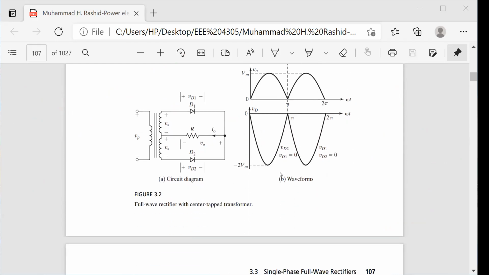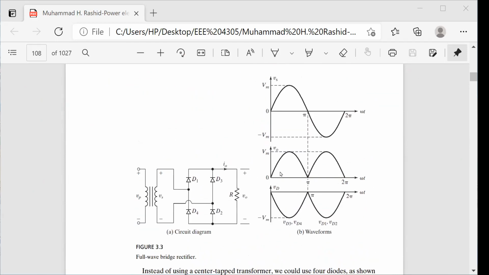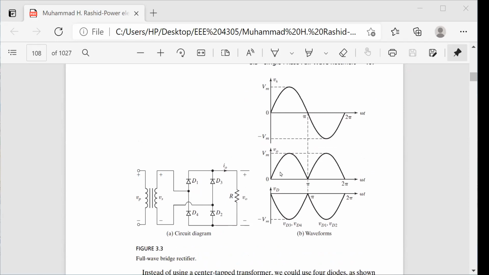Let us go to discuss the bridge rectifier. You want me to use the whiteboard? So bridge rectifier we have already discussed earlier. You may not use the transformer here because you don't need it.